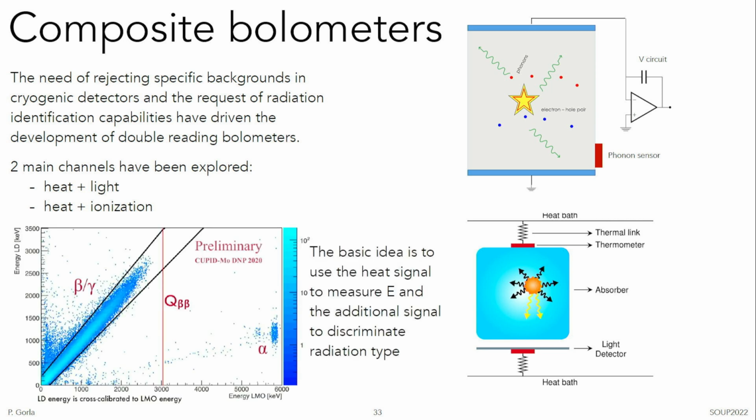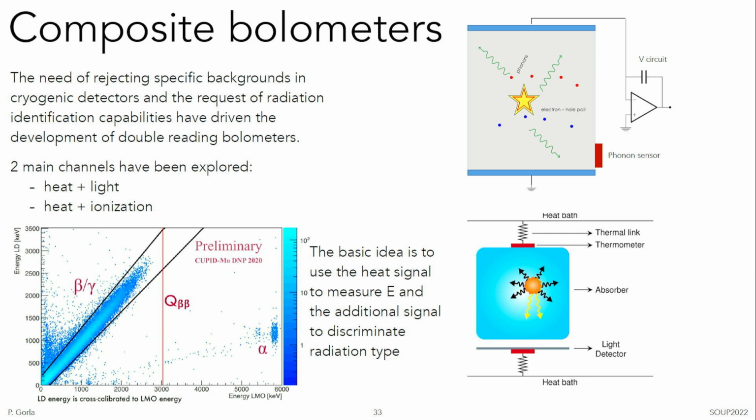This is an example which comes from this CUPID-Mo prototype. Lithium molybdate crystals operate as scintillating bolometers, and if you cross the reading of the heat channel versus the light channel, you get a scatter plot which identifies very well the different kinds of radiation.